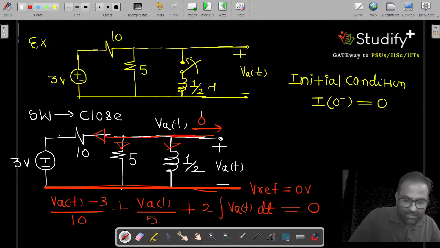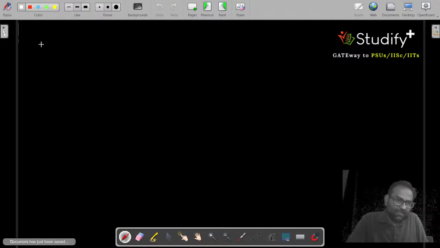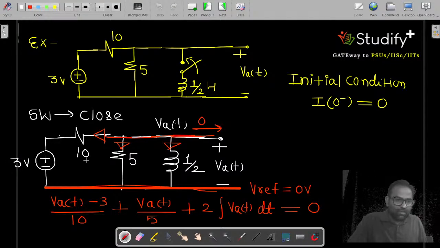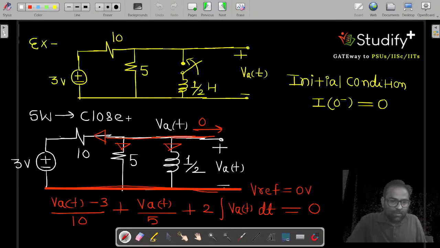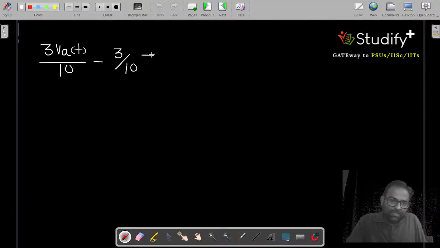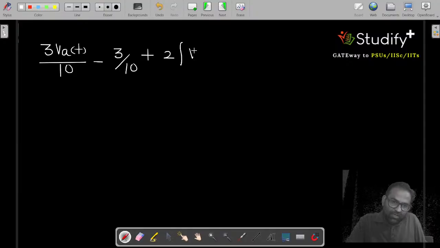So when I differentiate this, 3 VAT by 10 minus 3 by 10 plus 2 times the integration of VAT dt.